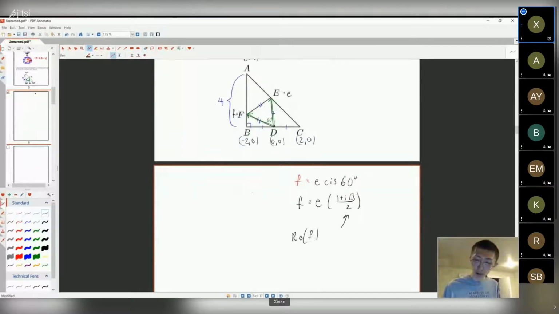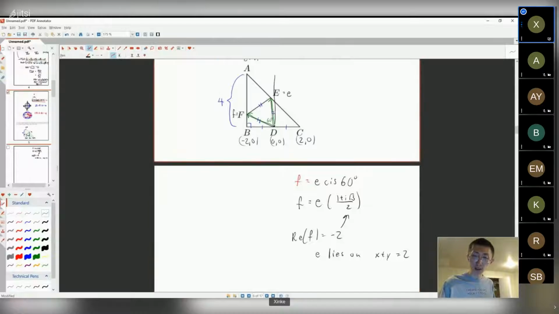And E lies on x plus y equals 2, if you put it in the coordinate plane, right? Because here's the x-axis, here's the y-axis, and this line is x plus y equals 2.